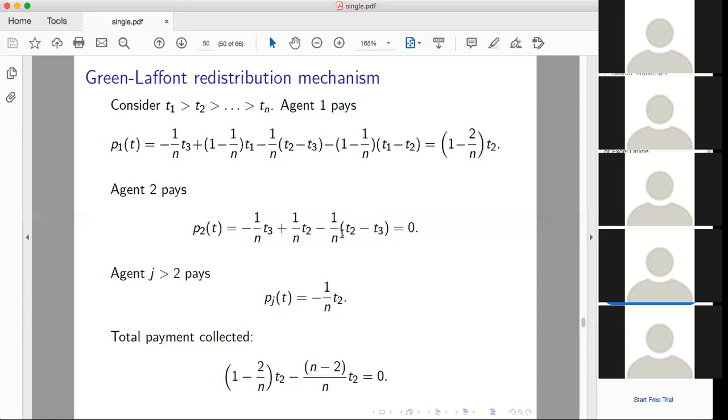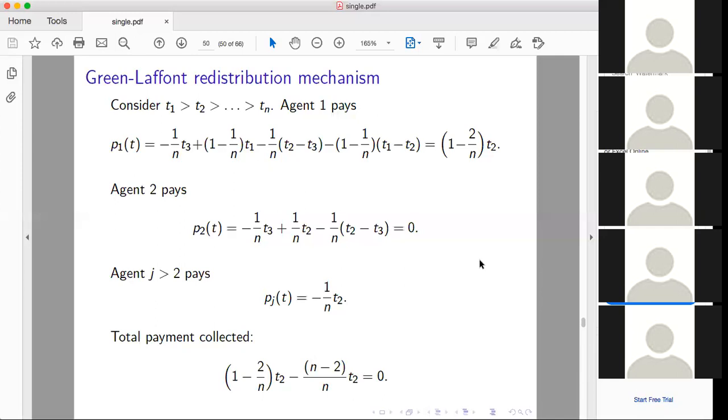He gets the object only between t2 and t3 with probability 1 over n, so this is this, and that evaluates to 0. Again, if you look at the residual claimant interpretation, with probability 1 over n, he is the residual claimant, and in that case he receives a payment equal to t3 over n.